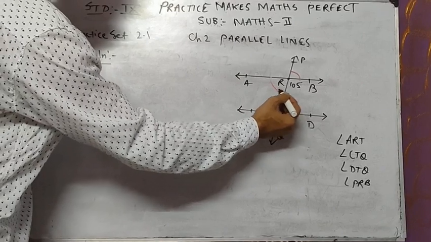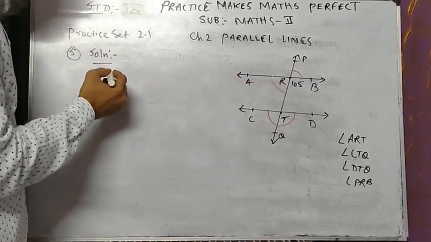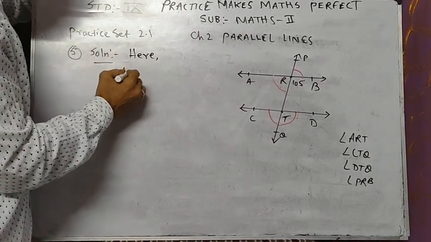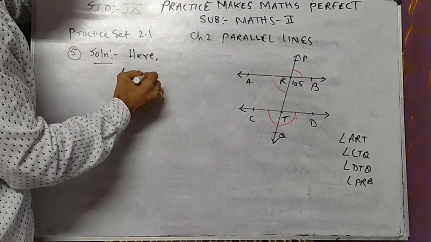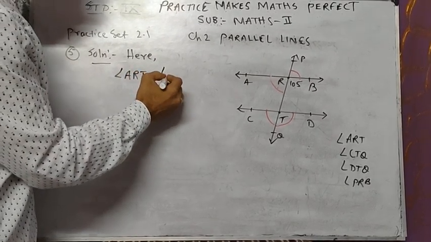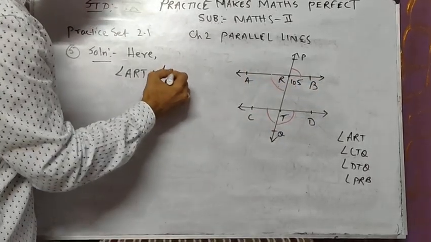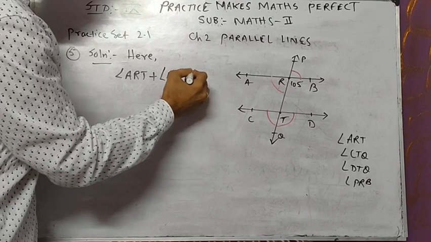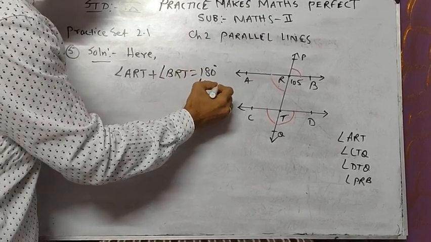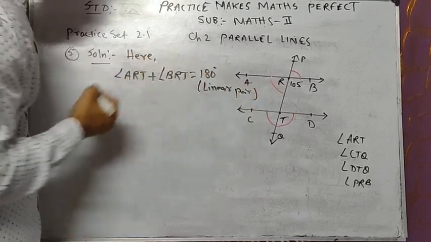All of you know linear pair. We will take the help of linear pair. Here, angle ART plus angle BRT is equal to 180 degree, linear pair.